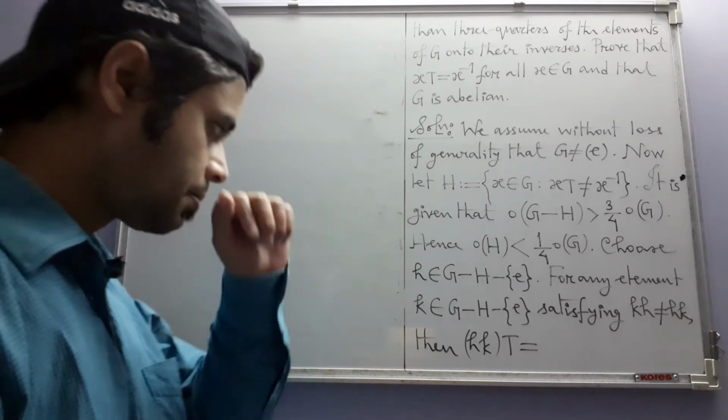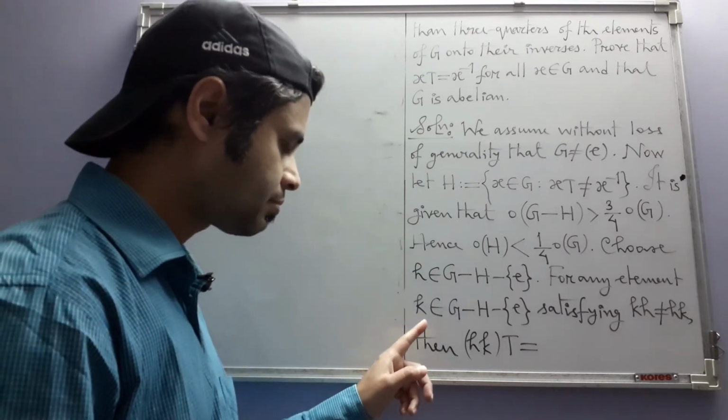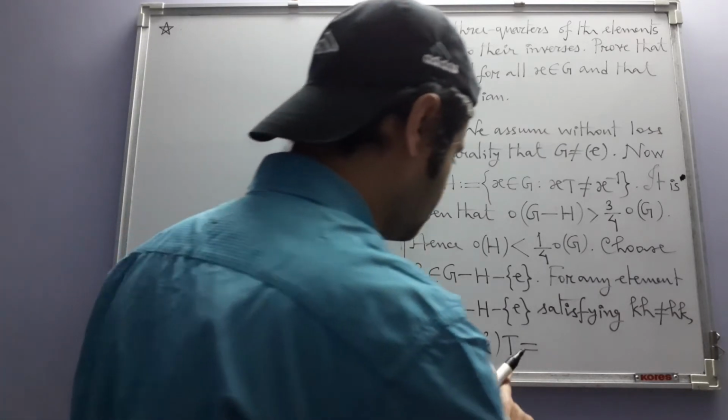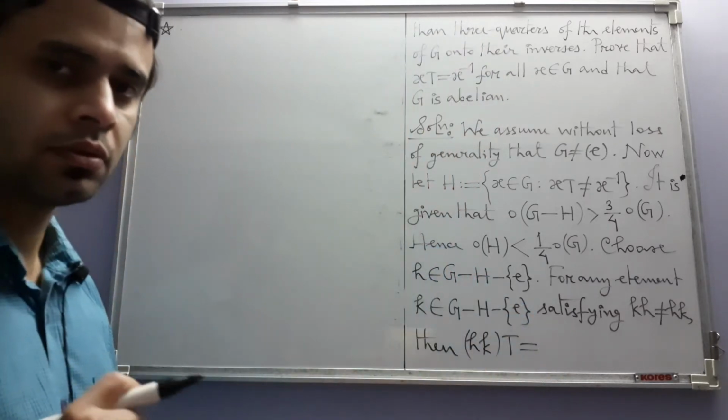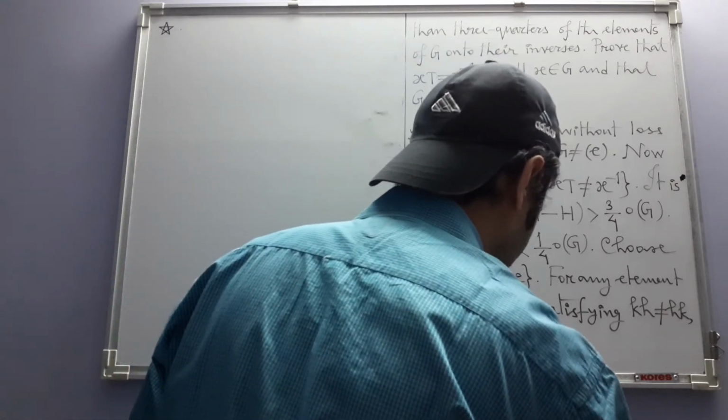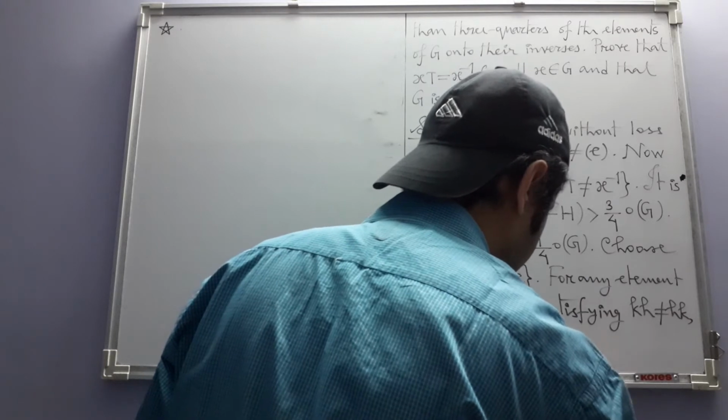Note that because T is a homomorphism, an automorphism means it's a homomorphism, so hkT will be hT kT.